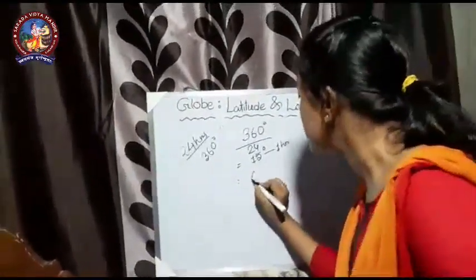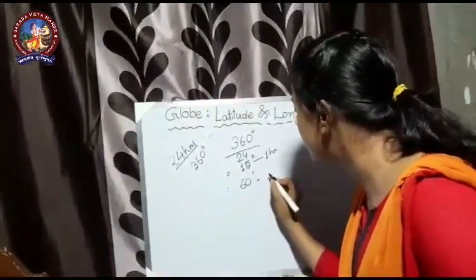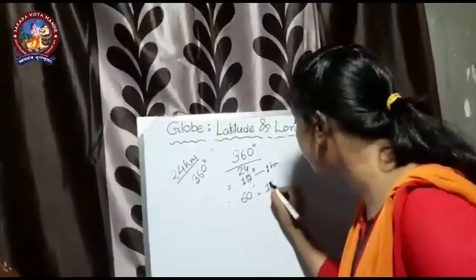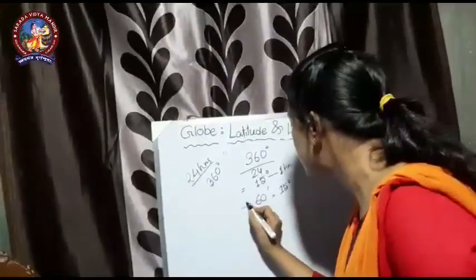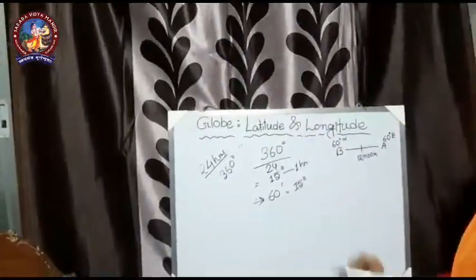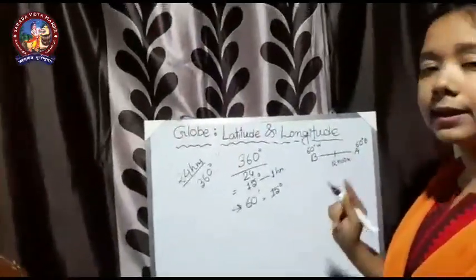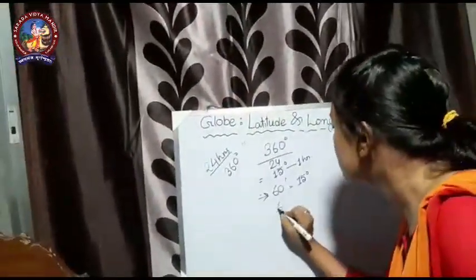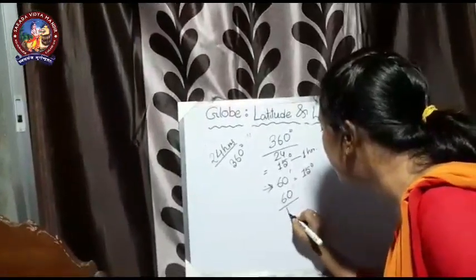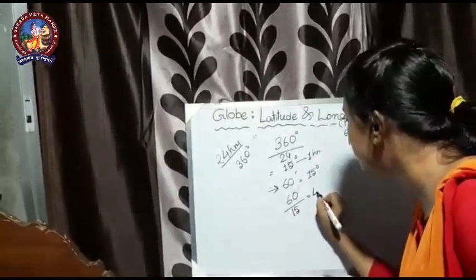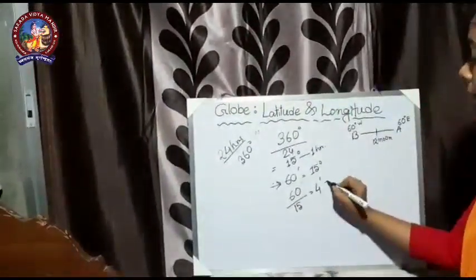So we can say 60 minutes is equal to 15 degree. These both are the same, 60 minutes, 15 degree. So we need to find out that 1 degree is how many minutes. 60 divided by 15 is equal to 4 minutes.